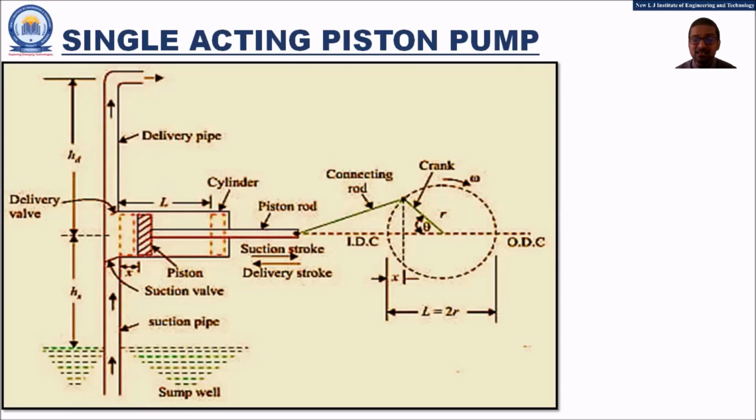For the suction side, we need to remember three names. That is the suction tank or the sump, suction pipe and the suction valve. Three names are with respect to the suction side. Repeating once again, the suction tank, suction pipe and the suction valve.